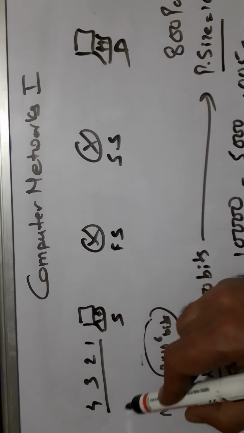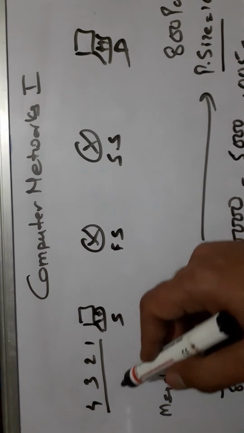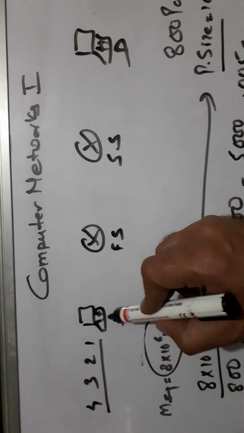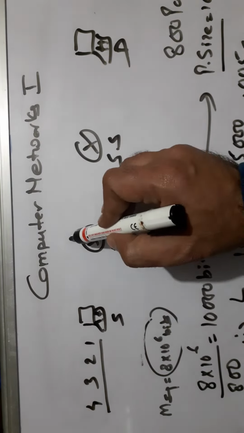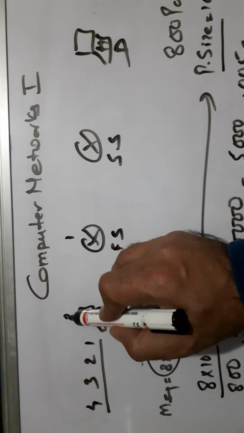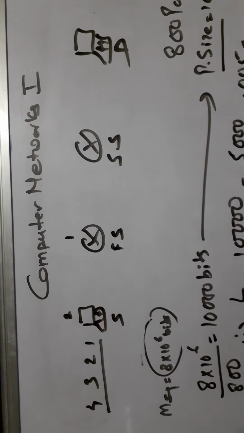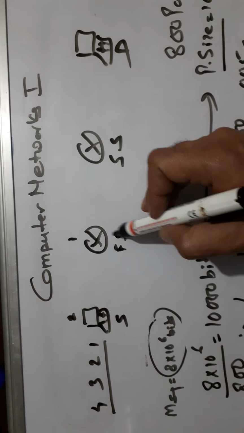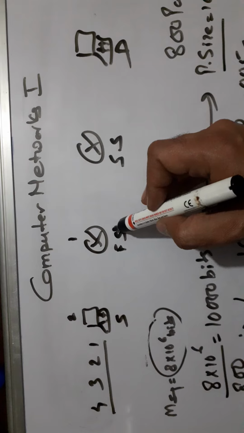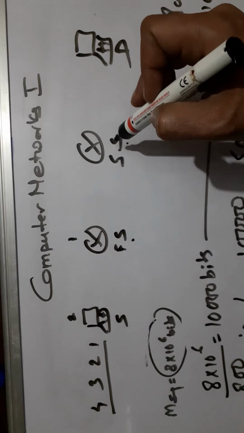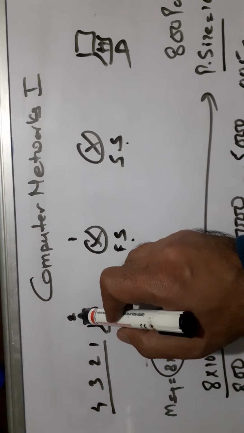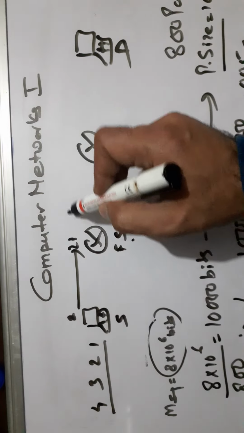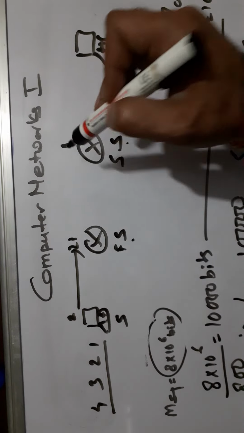These are the part of a message. That message is divided into 4 packets. Let's suppose when your first packet transmits from this source to the first switch, the second would be here, ready to get transmitted from source to first switch. During the time when your first packet is transmitting from the first switch to the second switch, during the same time your second packet transmits from source to the first switch, and this one is here.